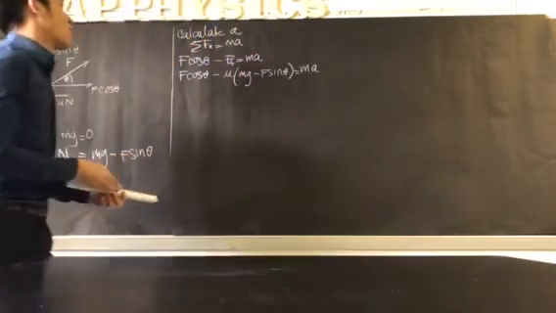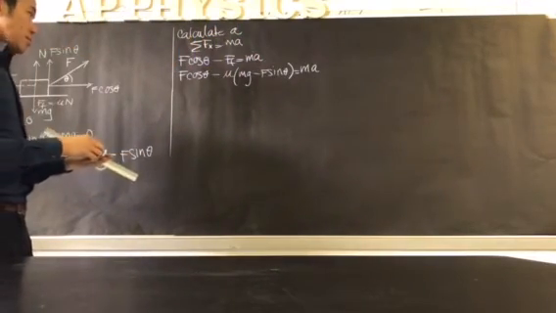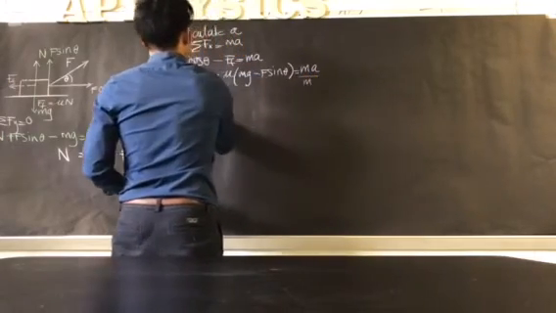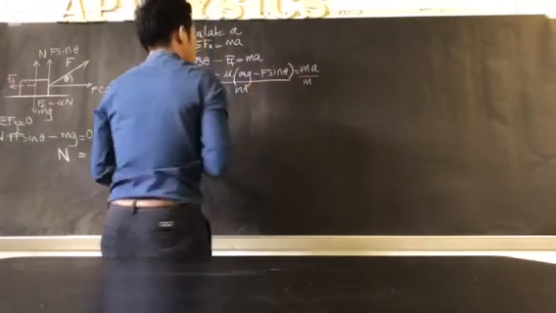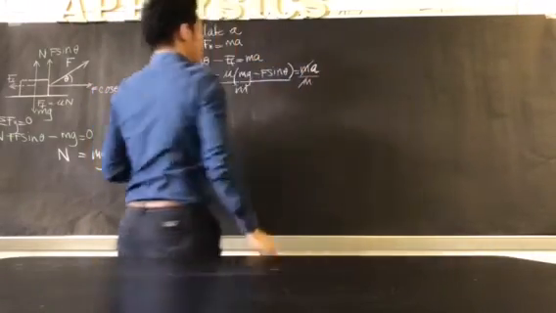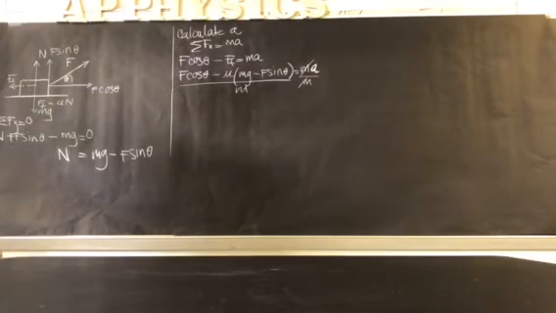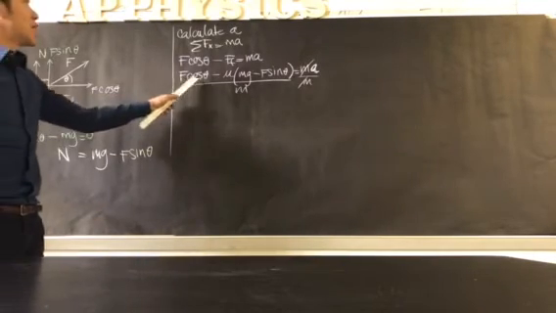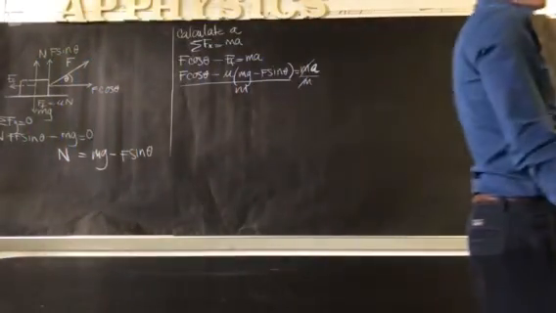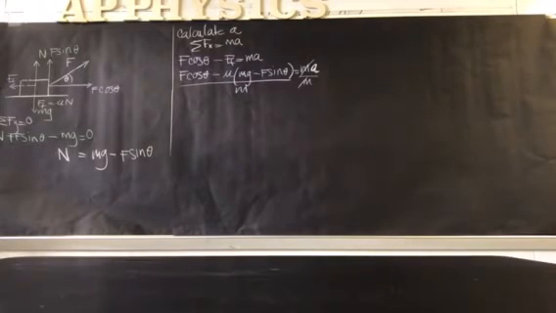To calculate for the acceleration, we just substitute the values in. That will give you the acceleration of this block when the box is being pulled at an angle of 20 degrees.